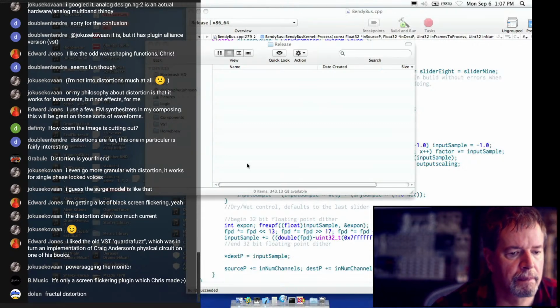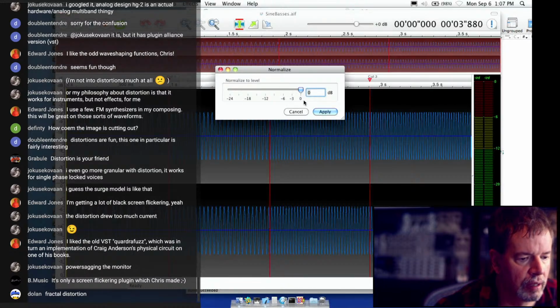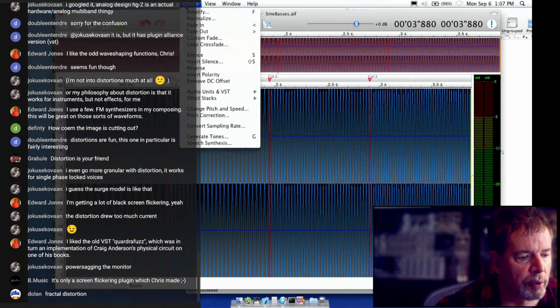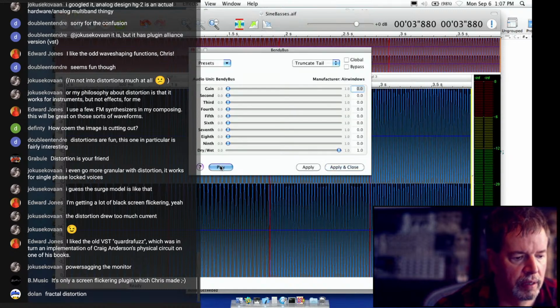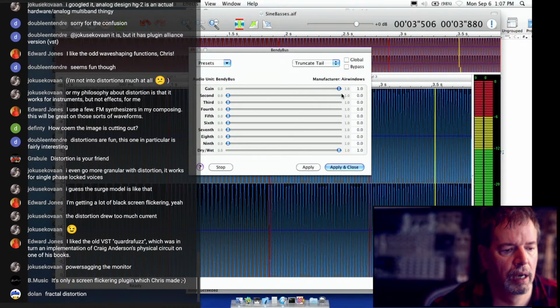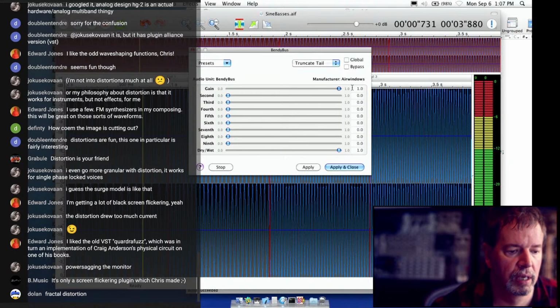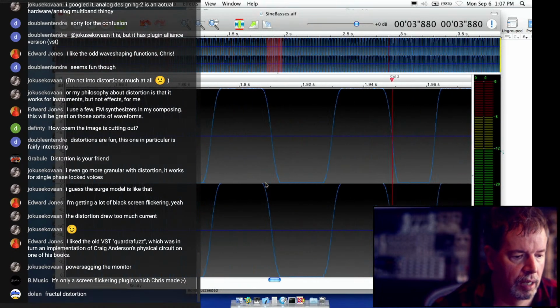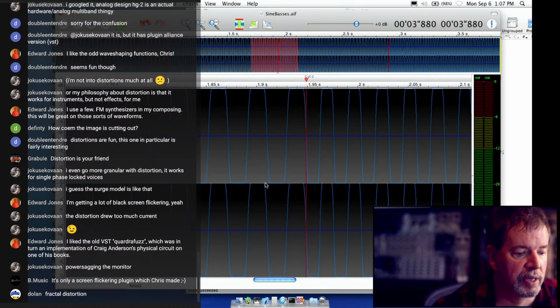There it is. We'll normalize this, and then there's a sine. And now we're pushing the sine to be super loud. So loud that it's clearly flat topped all to hell. It's practically a square wave now.